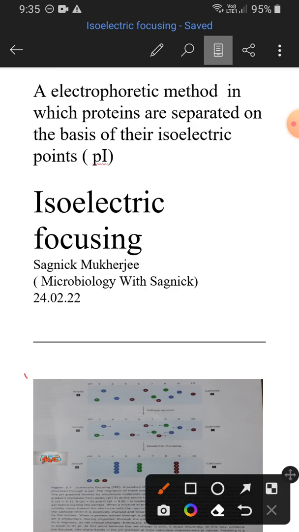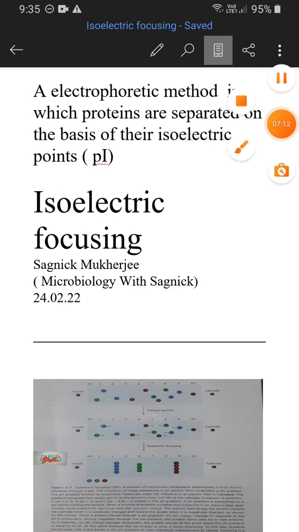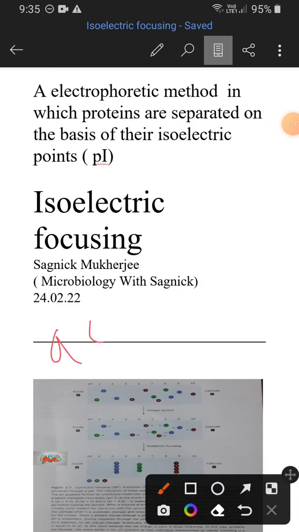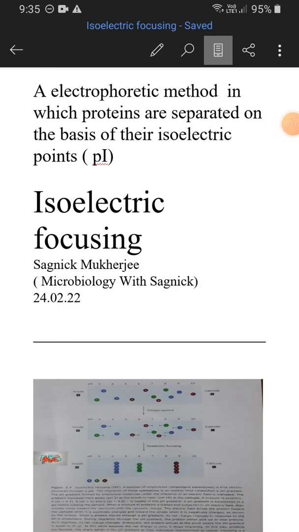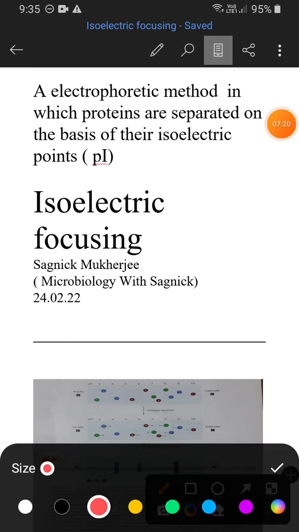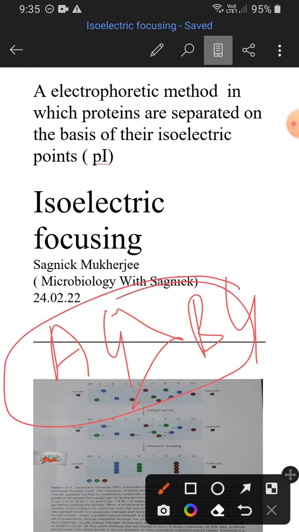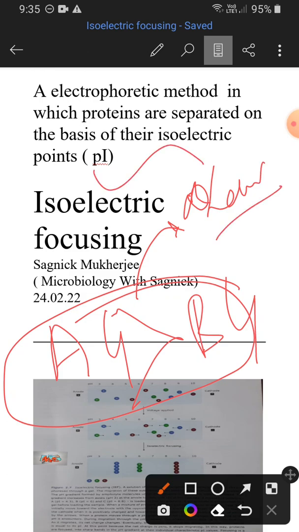Okay, so remember one thing, even if your protein's acidic group is greater than the basic group present, then your protein's pi will be lower and this protein will be considered as acidic.